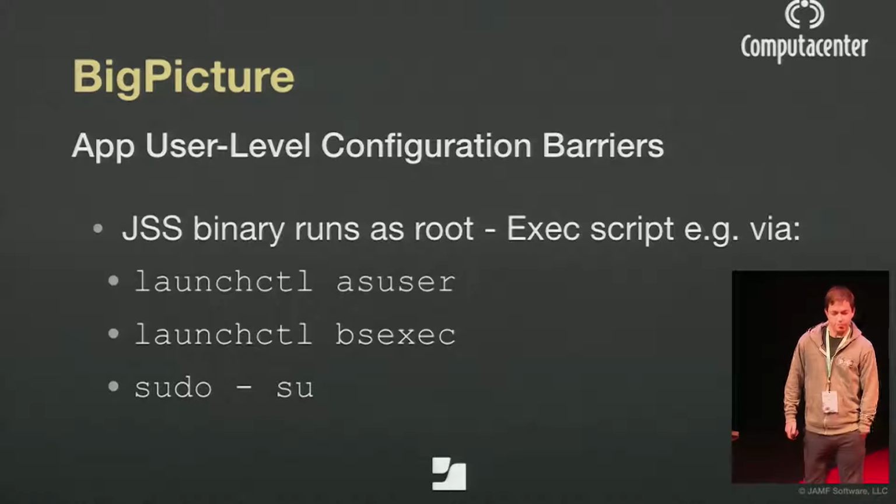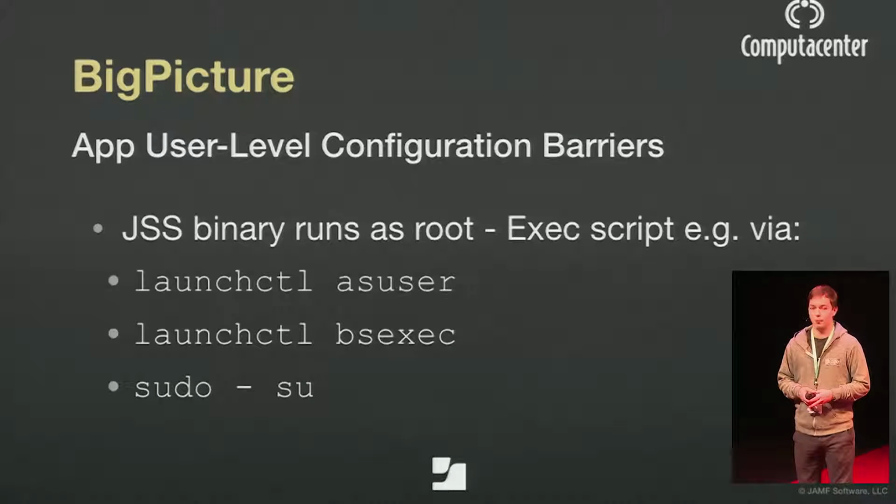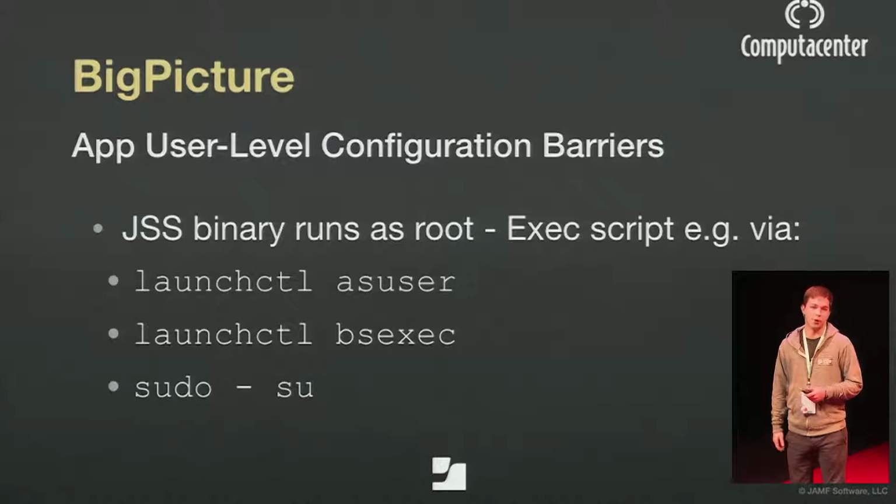It's possible, but it's every time a kind of scripting. Why do we not do this on a user level directly with the user rights? Why do we have to run these in root context and then launchctl it as user and run it in the user context?